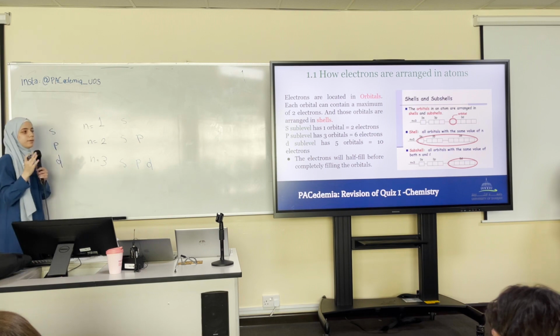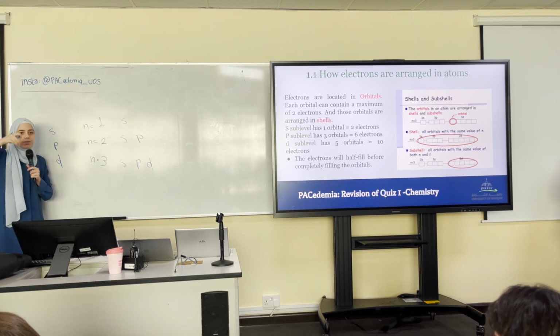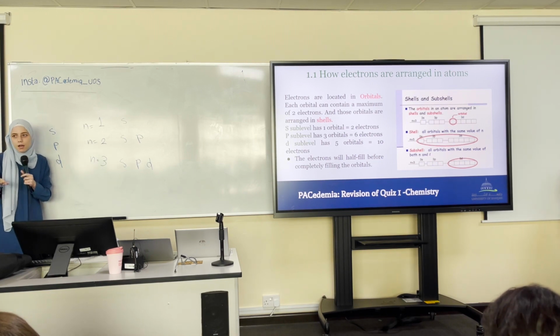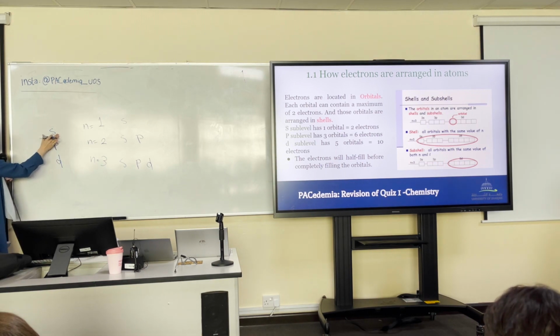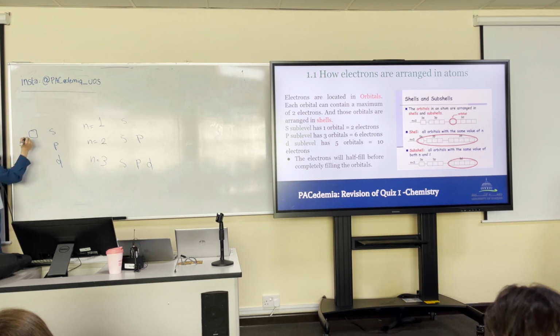Exactly. These subshells contain orbitals. The orbitals are where the electrons are found. Each orbital can contain 2 electrons. For the subshell S, we have 1 orbital, so 2 electrons, and the electrons will be 1 up, 1 down when we write the symbols.